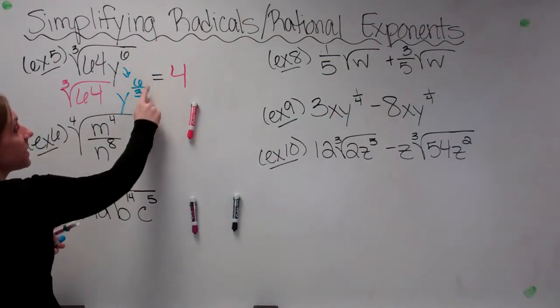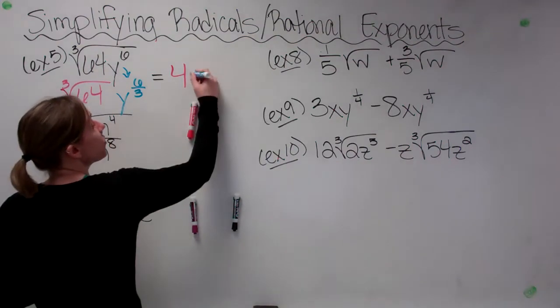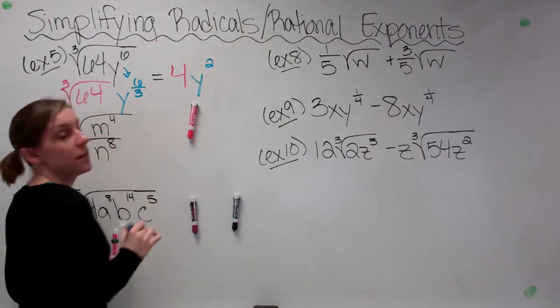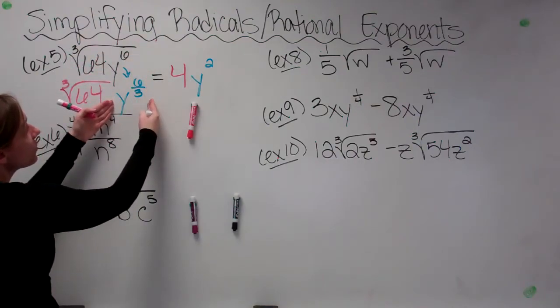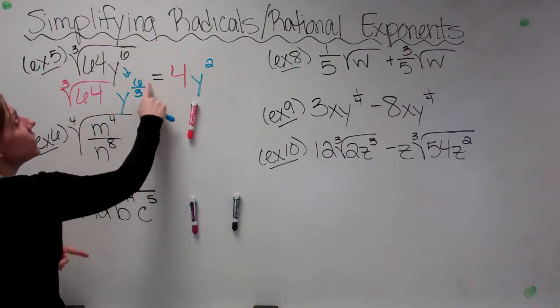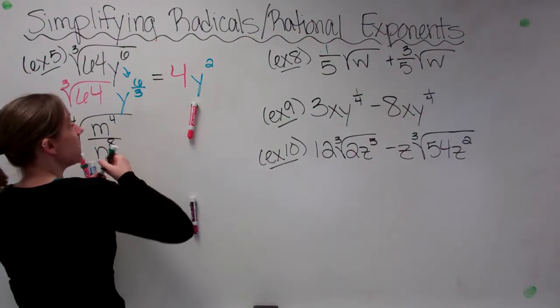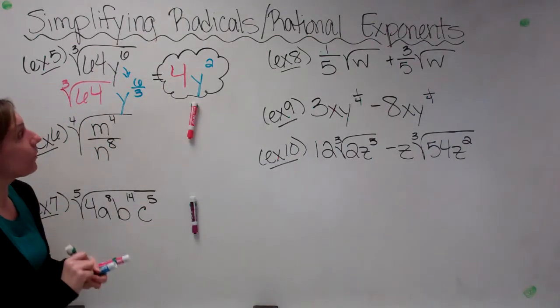And then 6 divided by 3 is just 2, so that's just y squared. All right, so the cube root we could work out. We changed the roots and the powers to simplify, and we actually got a nice, much better answer. This is the simplified version, 4y squared.